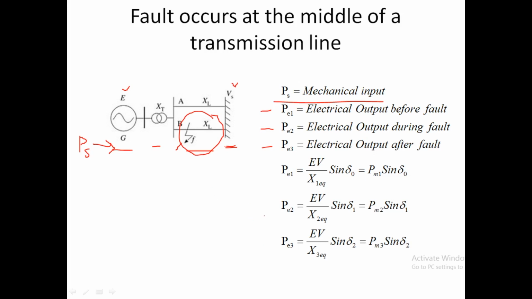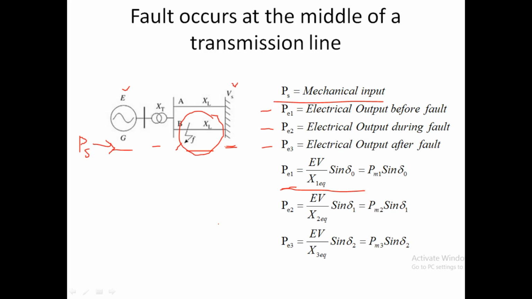Now what is PE1? PE is normally represented as EV by X into sine delta. PE1 can be represented as EV by X1 equivalent into sine delta 0. X1 equivalent is the equivalent reactance of the system before the fault. Here 1 represents the before condition, 2 represents the during condition, and 3 represents the after condition.